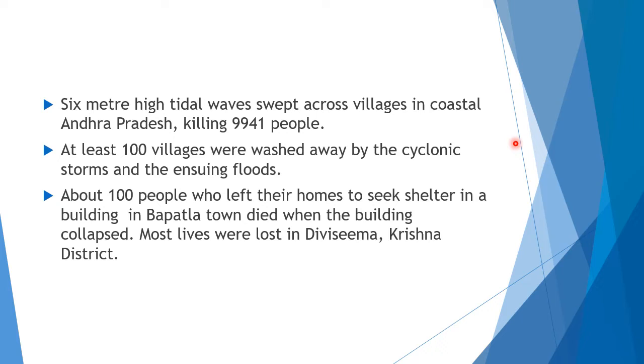Mostly you can find that the poorest suffer. Yes or no? Actually, that is common. Wherever it is, the poorest suffer, because poor people stay near the coastal area. Because of that, mostly they were affected.